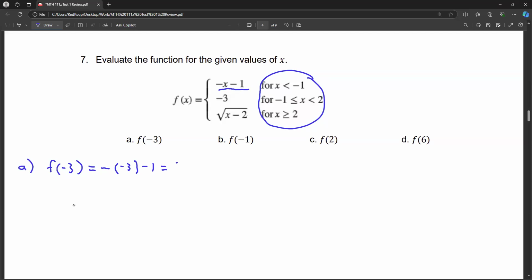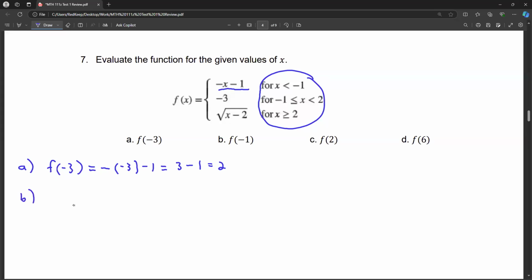So we'll have just positive 3 minus 1. And 3 minus 1, that's equal to 2. Okay, so here we see that f of negative 3 is just equal to 2. So perfect, that's everything for part A.